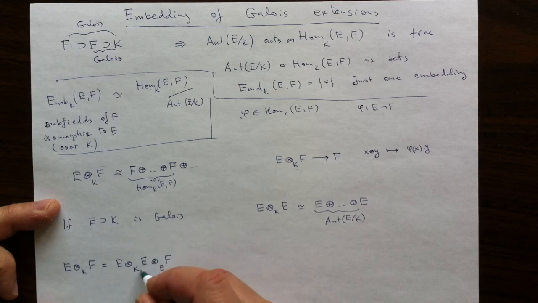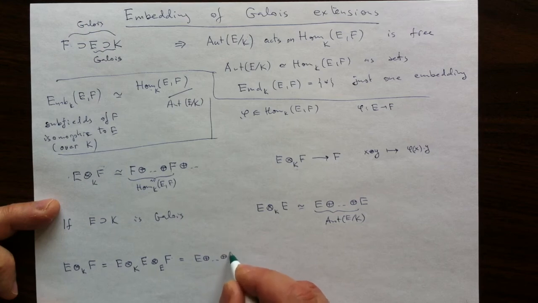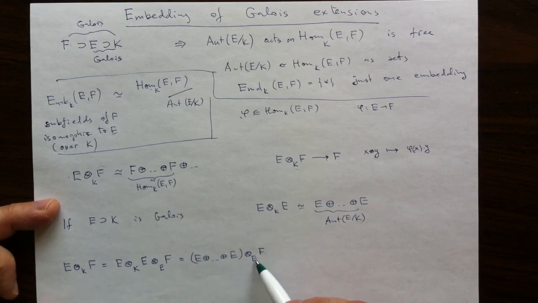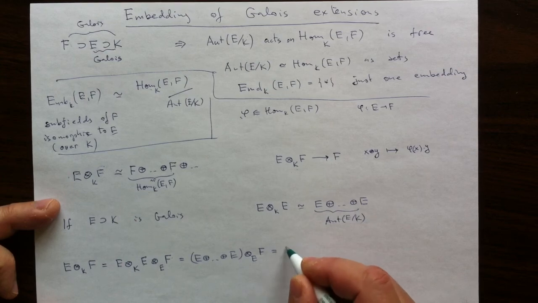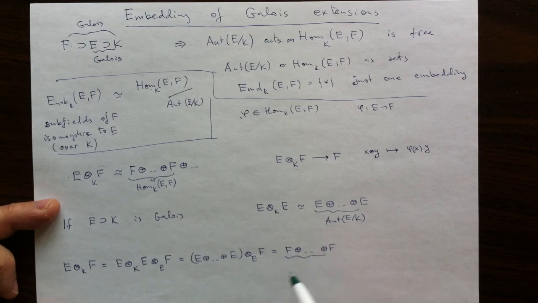And knowing that this is a direct sum, specifically a direct sum of copies of E, I know what to do when I extend scalars in each of those copies from E to F. I will just be seeing a direct sum of copies of F. And the number of summands is the same as in here, so this number of summands is the order of the automorphism group.